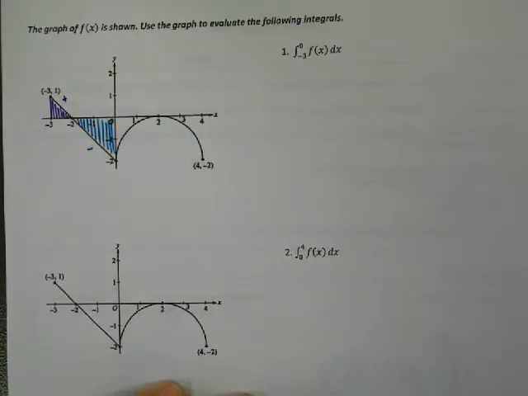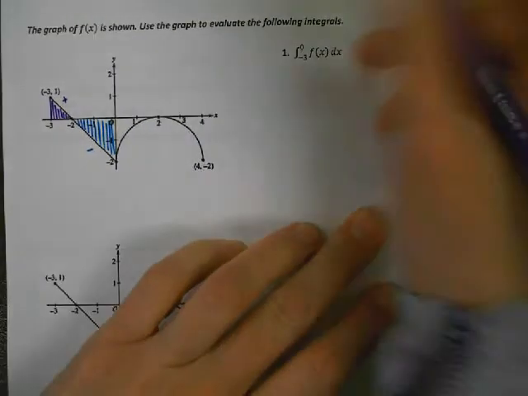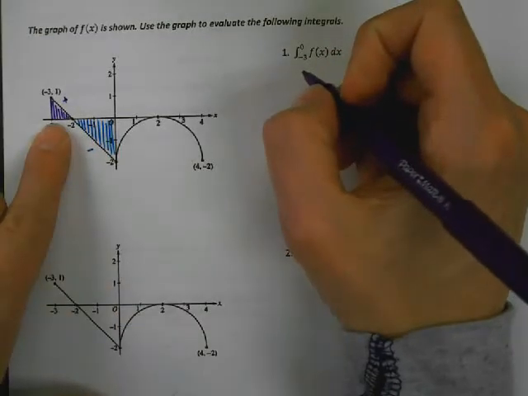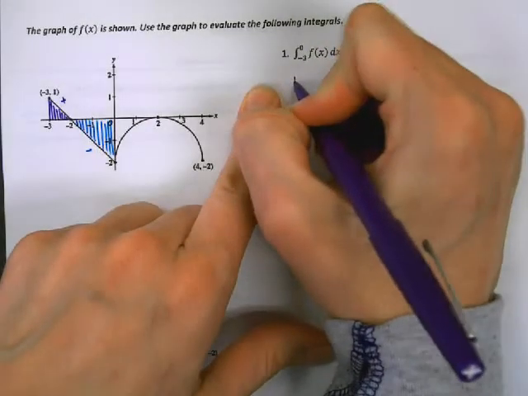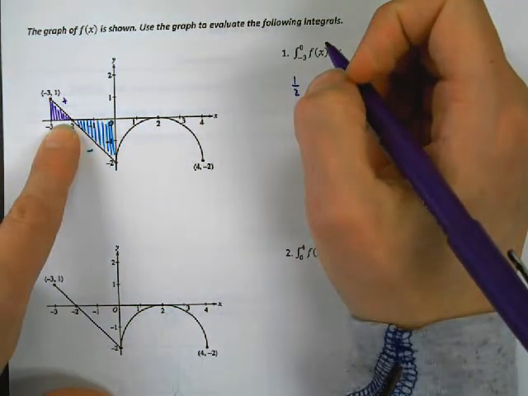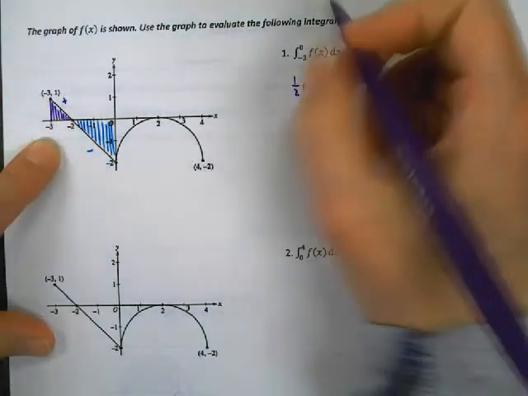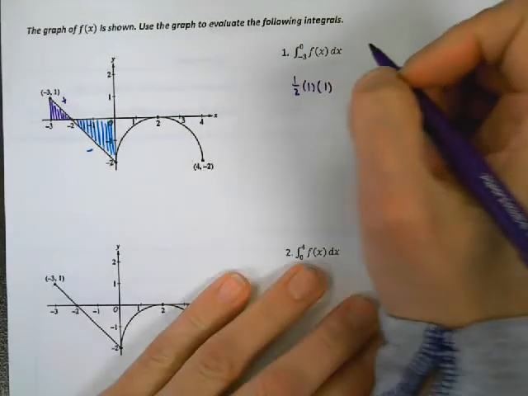I'm going to use colors here to differentiate between the positive and the negative area. My first shape here is a triangle, so I know that's 1/2 base times height. So I have 1/2. The base length is just 1 unit, and then the height is just 1 as well. So that's my positive area.